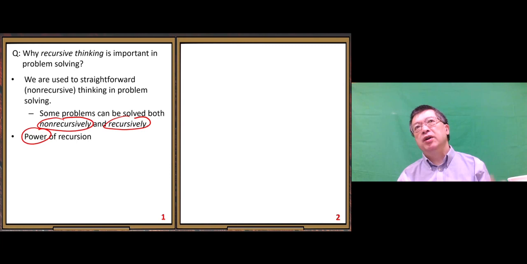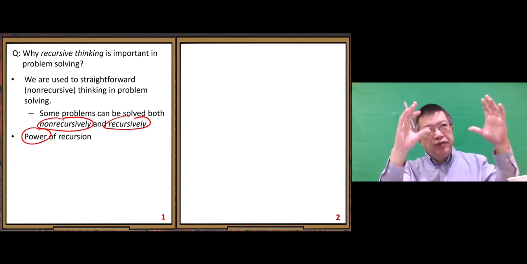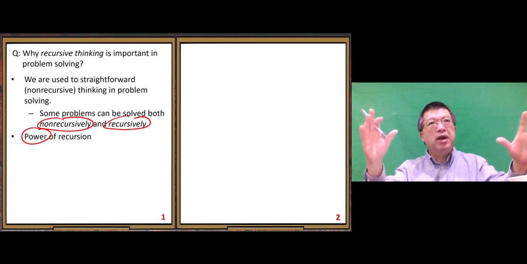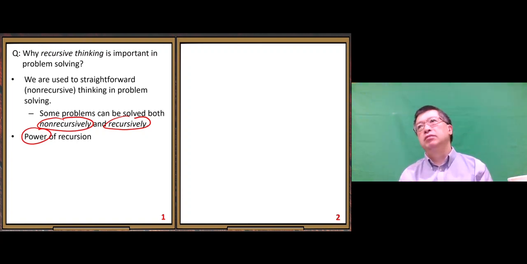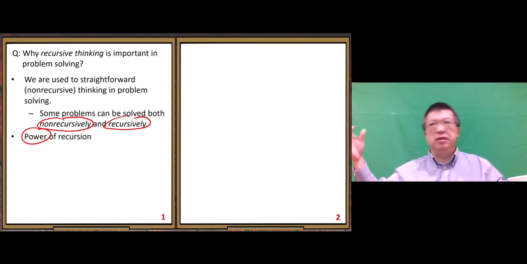Much easier means you look at the steps, just a few steps, and you can solve a very complicated problem. That's the impression people get if you use the recursive method. The problem is so complicated.